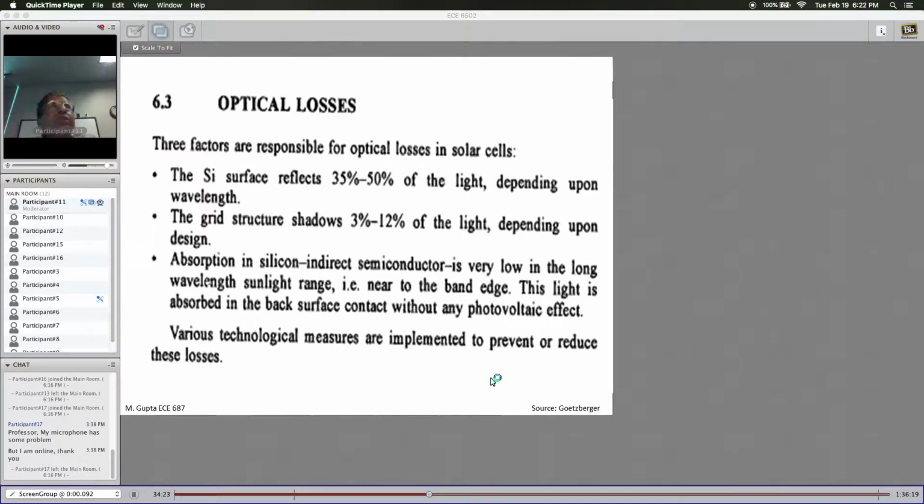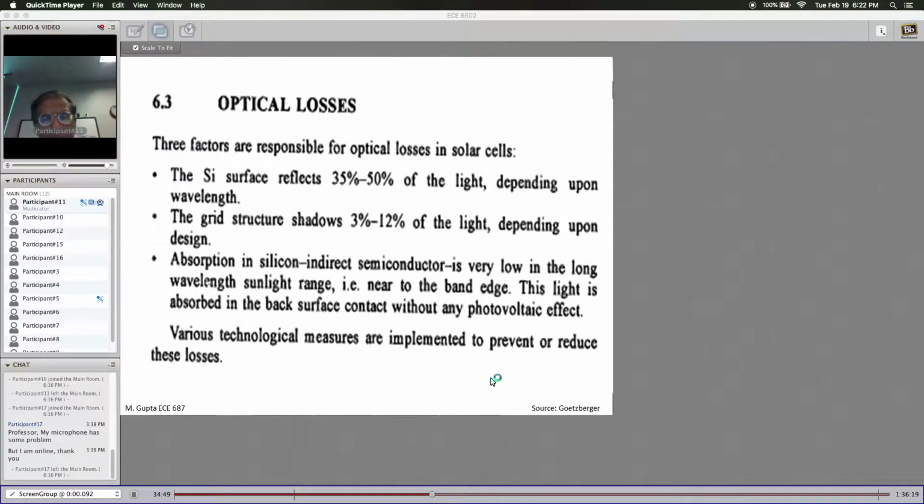So that's a big reflection loss. The other loss is we are putting the metal contacts on the top, and they can give shadow to the sunlight. So you have 3 to 12% of the sunlight loss due to the metal grid. So that's another loss.